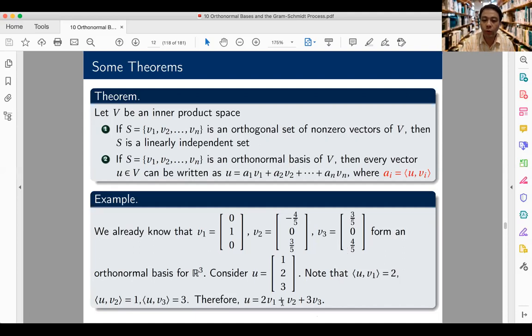So that's 2V1 plus V2 plus 3V3. You can verify by simple addition and multiplication that this is true. So ang dali, di ba? Kapag orthonormal yung basis mo, it's very easy to find the coefficients that will make your vector a linear combination of the basis vectors.